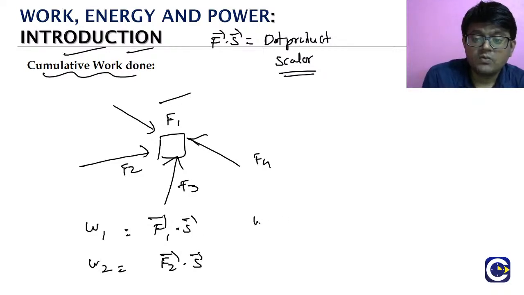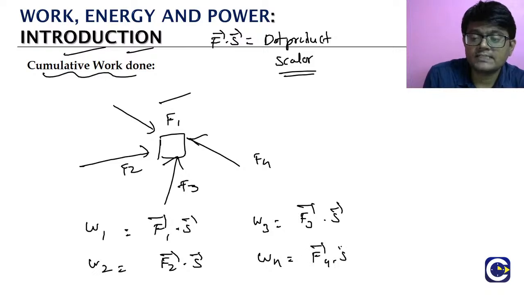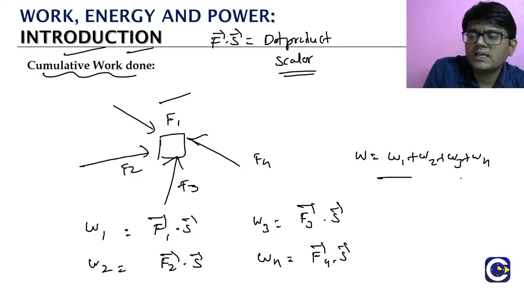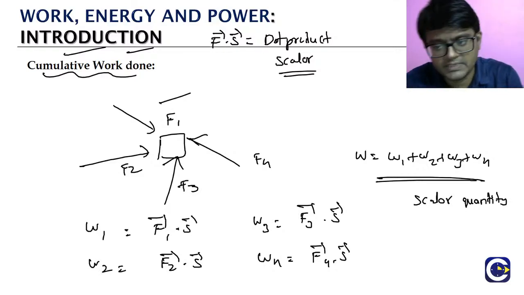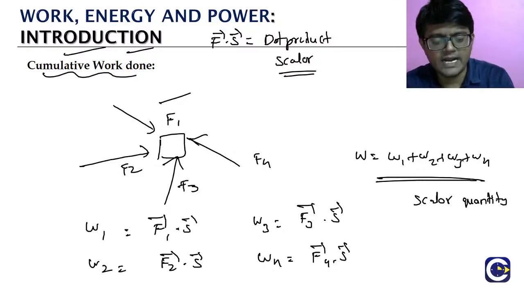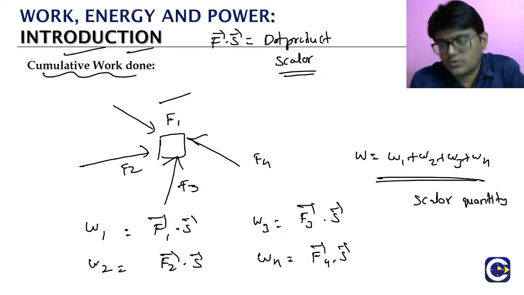For force 3 it will be F3 dot S, and for force 4 it will be F4 dot S. If somebody asks for the total work done, we simply add all of them, because work is a scalar quantity, so we can add them like numbers. We can simply add all these works to get the cumulative or total work done. We can do this simple addition because work is a scalar quantity.